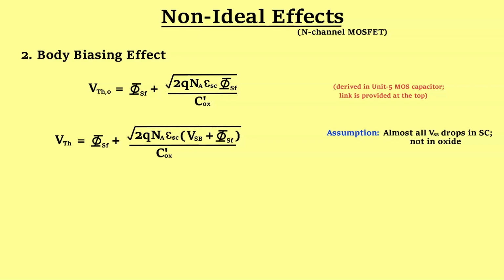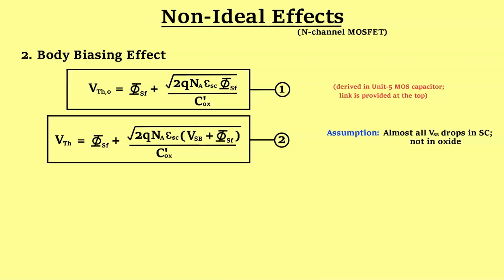In this formula, we have assumed all the potential difference between the source and body drops within the semiconductor. In the MOS capacitor, we have discussed the external applied voltage drops only in oxide and semiconductor, and there is no potential drop within the metal. But here we are assuming all the potential is dropping within the semiconductor only. The potential drop occurs neither in oxide nor in metal.